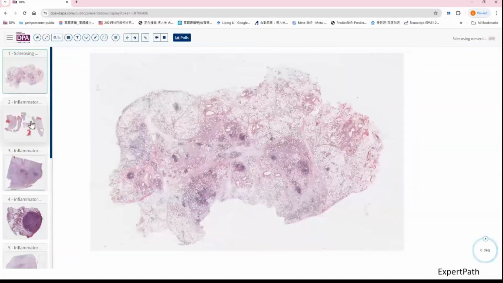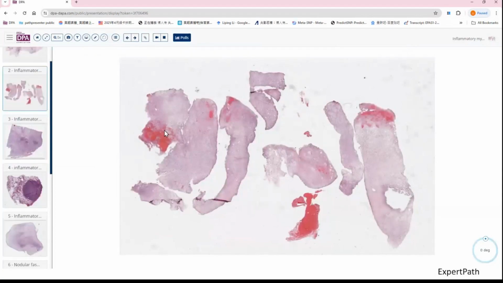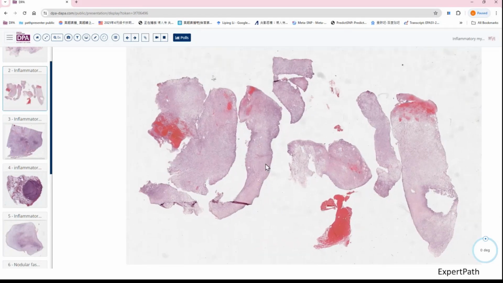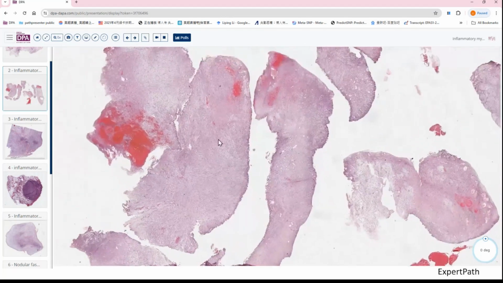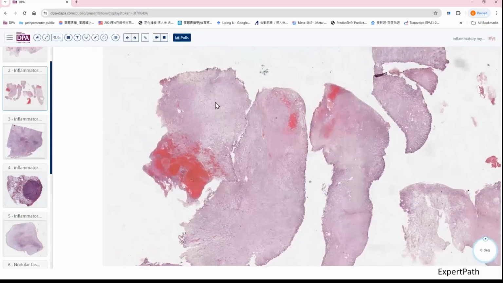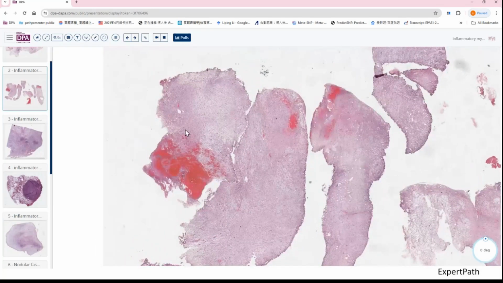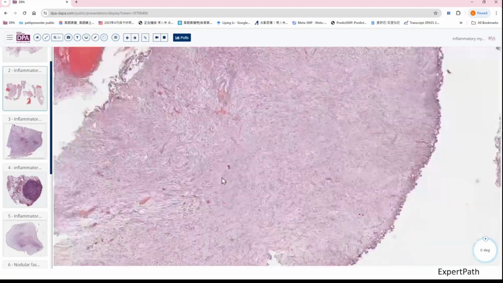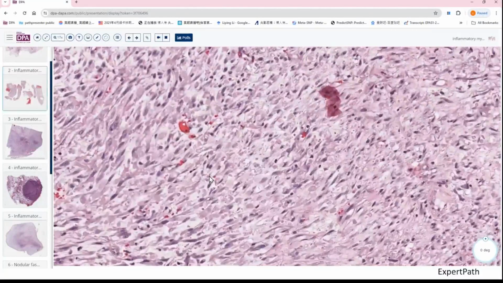So let's go to our next entity, IMT, inflammatory myofibroblastic tumor. Here are several pieces of soft tissue, and we have some areas with more myxoid stroma and more hypercellular areas. Let's take a look at what's inside at high power.